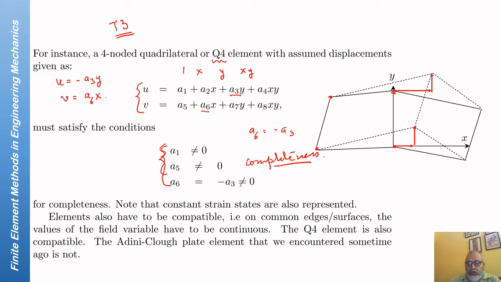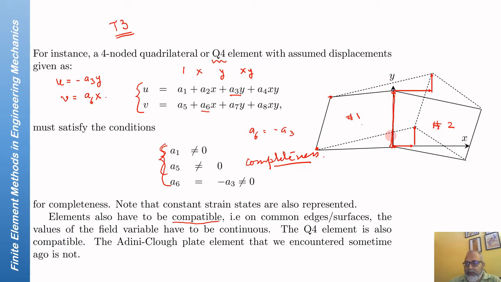Elements also have to satisfy the property of compatibility, which means that if you have two quadrilateral elements, this is element number one and this is element number two, then after deformation, the inter-element boundary, which is this, should remain intact. Therefore, you must have a situation where the displacements that are calculated on the inter-element boundary from element 1 are the same as the displacements that are calculated from element 2.